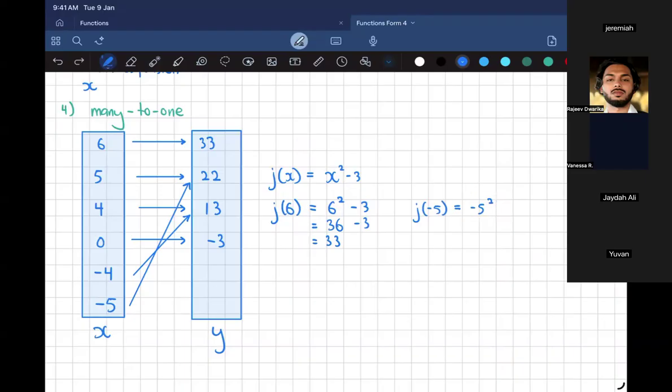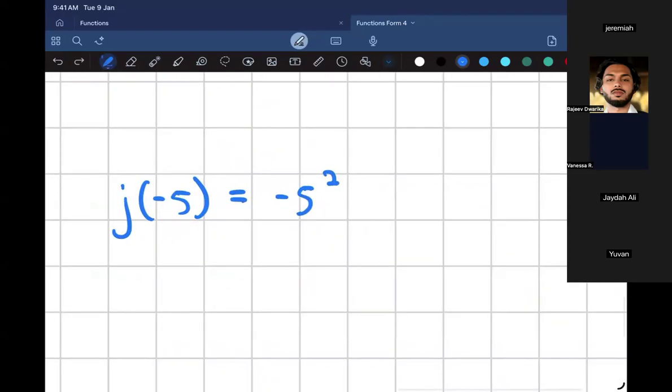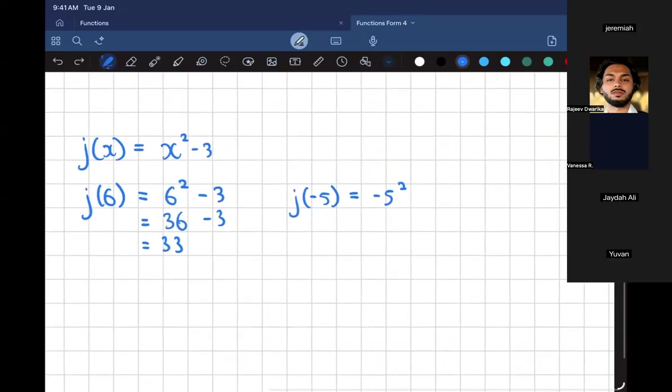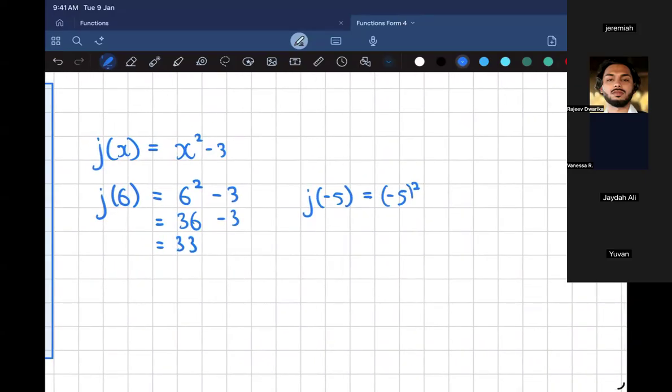Okay, Vanessa, I can try. If I write it like this, where's the only number that's going to be squared here? If negative 5... No, the 5. Yeah. If I write the squared over here, only the 5 is going to be squared, but Vanessa, isn't the whole number minus 5? So you need to put minus 5 in brackets. Because Jada, I want to square minus 5. I don't want to square 5.